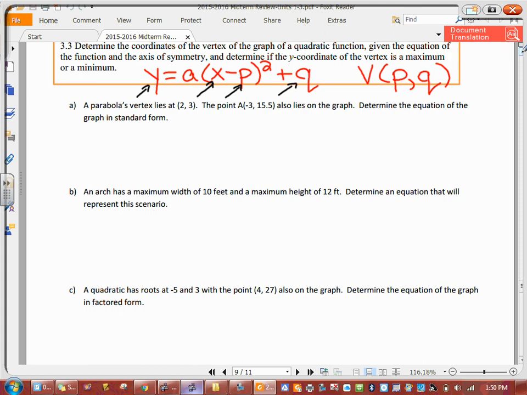So now I know my digits, I'm going to start plugging them in. My y is 15.5 equals the a value, which I don't know yet. My x value is my -3. And from my vertex point, my p number comes in as the opposite, so it's coming in as a -2.